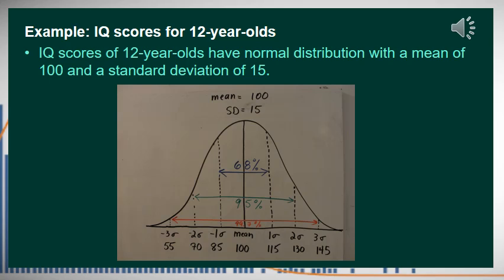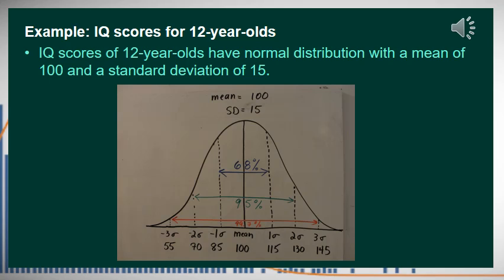If I go below the mean, minus 1 sigma means 85 points. Minus 2 standard deviations away means 70 points. And minus 3 standard deviations means 55. So I have my distribution of IQs illustrated in a bell curve. 68% of kids will be between 85 and 115 as IQ scores.